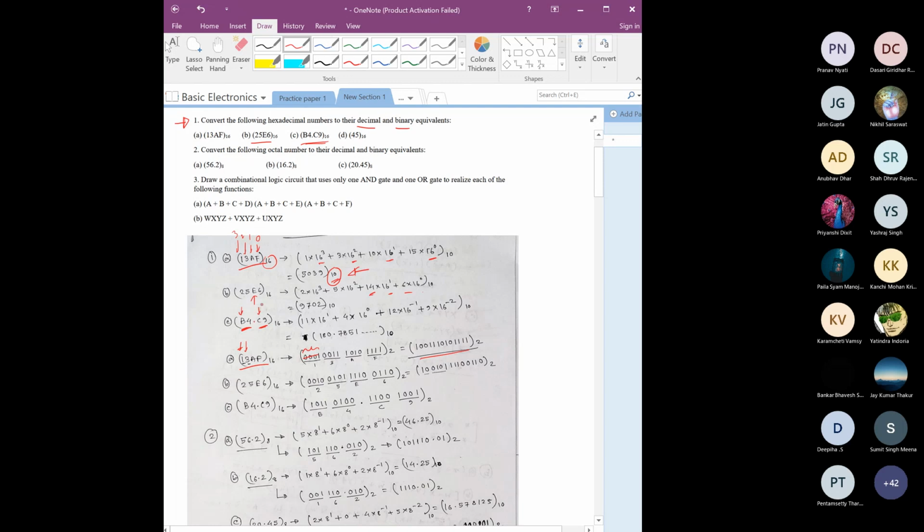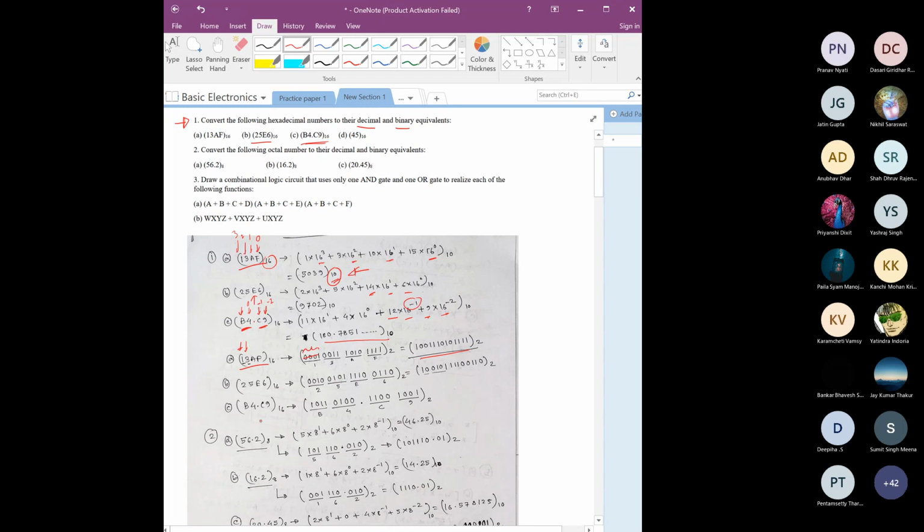So here it will be the base to the power minus 1, and here the base to the power minus 2, because the first position after the point is not the zeroth position. So C corresponds to 12 into 16 to the power minus 1. That would give you the decimal value corresponding to C in hexadecimal. Then 9 into 16 to the power minus 2 would give you this number.